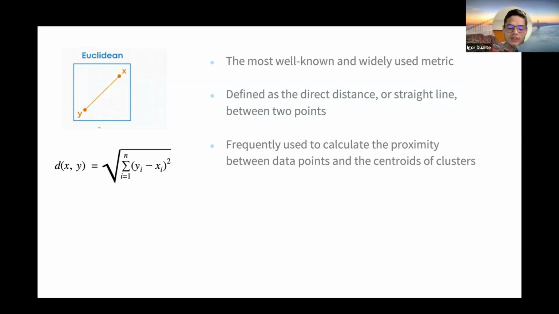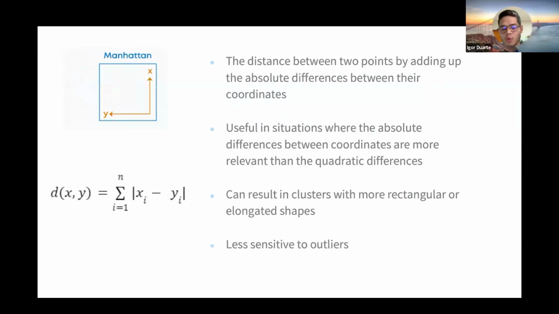On the other hand, the Manhattan distance, also known as the L1 norm, calculates the distance between 2 points by summing the absolute differences between the coordinates. The Manhattan method is useful in situations where absolute differences between coordinates are more relevant than squared differences.